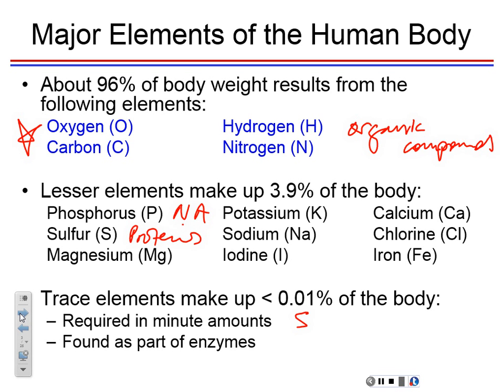So selenium, cobalt, copper, those are some of the trace elements, all right? Manganese, all right? They are found in less than 0.01% in the body, and they're mostly attached to the enzymes, all right? They're found as part of enzymes required in very minute quantities, all right?